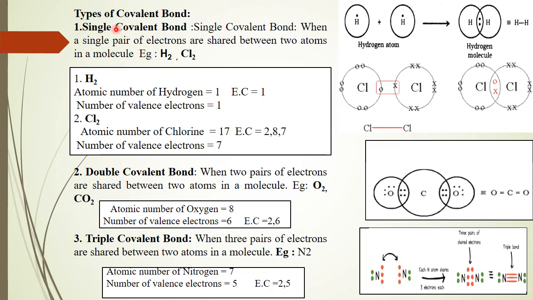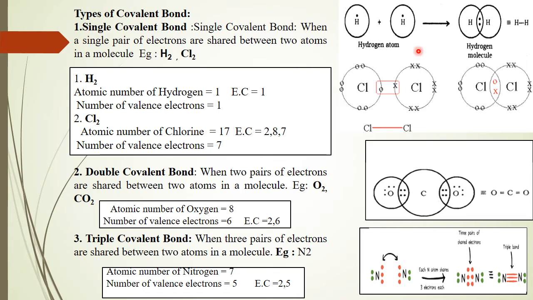Next, I have given a few more examples. Single covalent bond, we have already explained the formation of the hydrogen molecule. Then one more example, chlorine. Chlorine atomic number 17, electronic configuration 2, 8, 7, number of valence electrons 7. So you have 2 electrons here, 2 electrons here, 2 electrons and 1 electron, total 7.